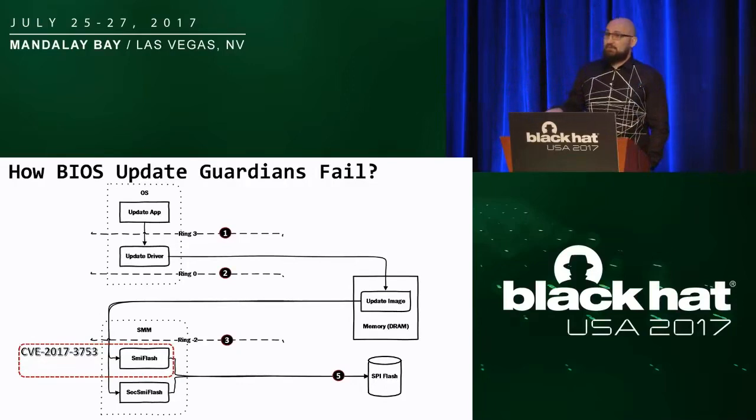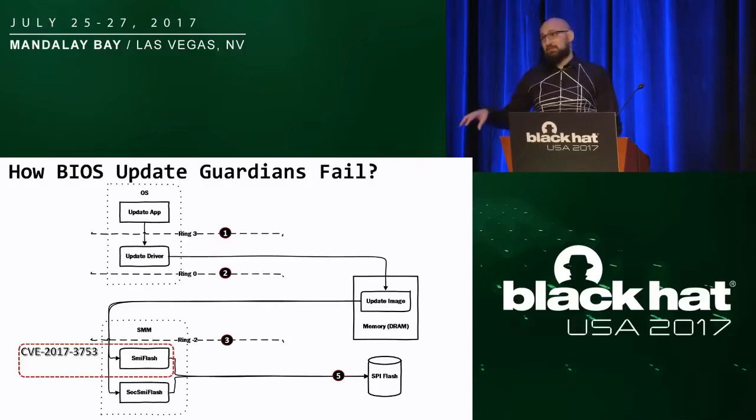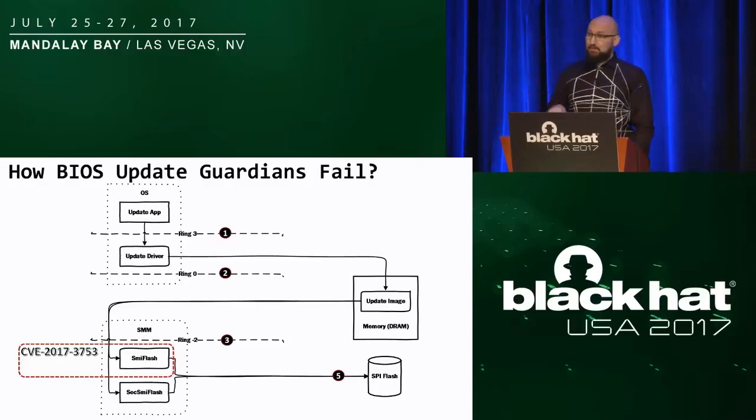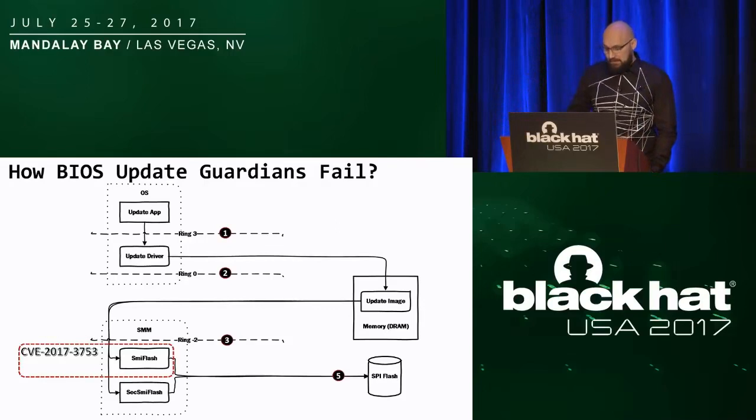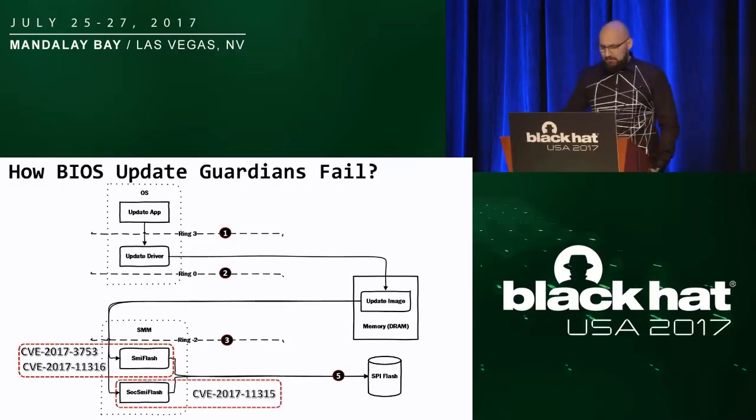The difference between the two is that Security SMI Flash verifies the digital signature for the update, and the SMI Flash driver does not. Okay, but what if these SMI handlers have vulnerabilities?